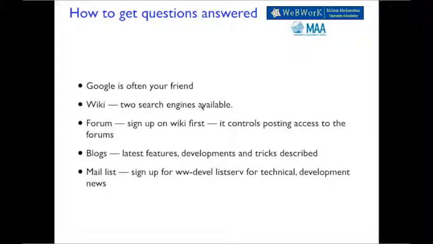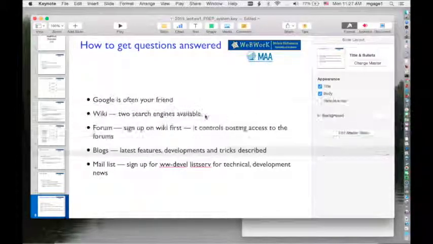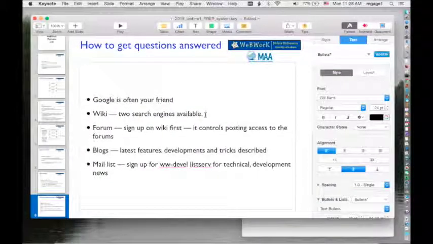So the wiki, and I didn't put a URL here for a wiki, so that's the first thing to do. Actually, here I'll type it in right now. So if you didn't know where the wiki was, you should learn about it.